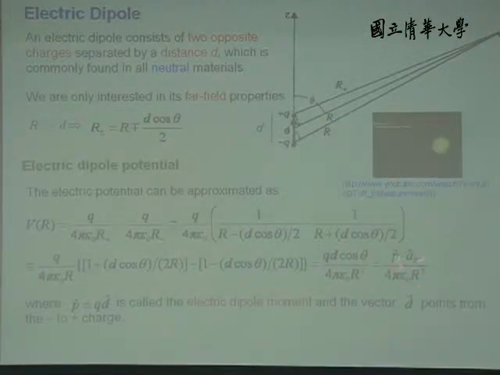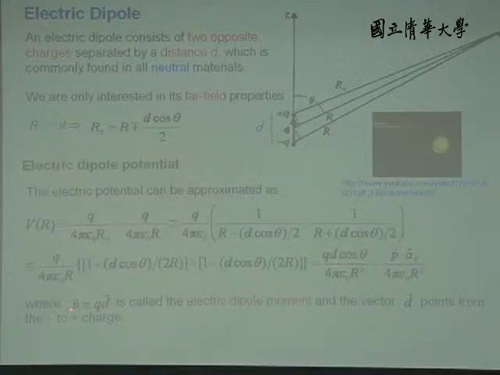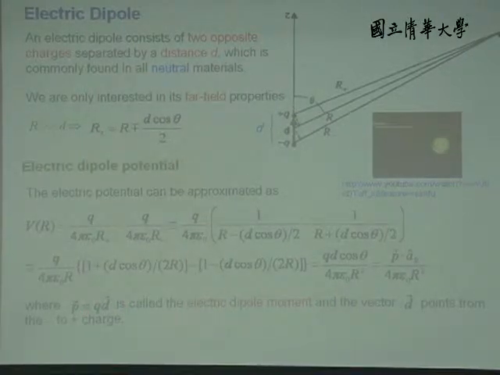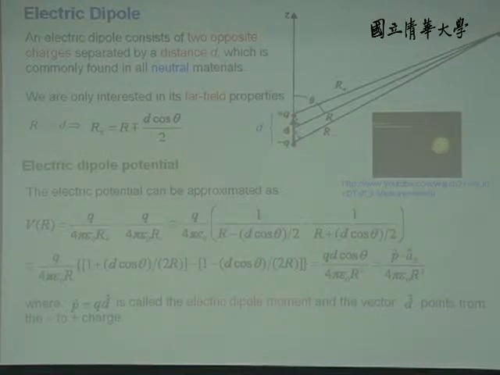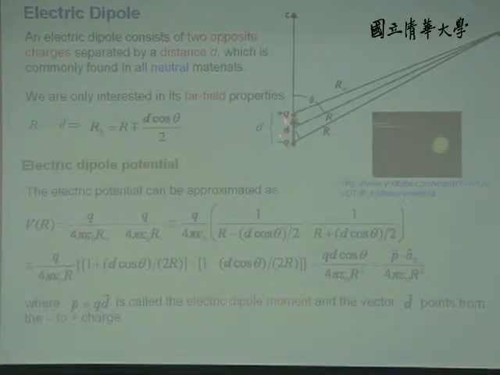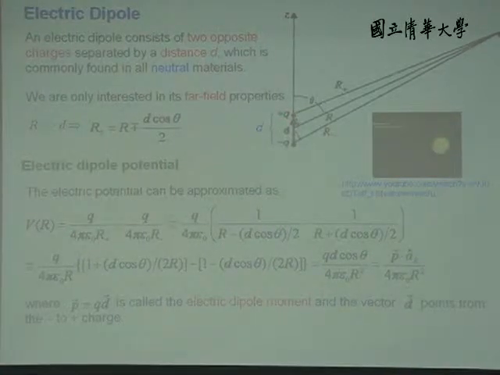And another thing is that we just define a new variable called the electric dipole moment. It's defined to be the charge multiplied with the separation of the charge. And there's a direction associated with this electric dipole moment. It's a vector, and the direction is defined from minus charge to the positive charge. And be careful that the definition of the direction is just opposite to the definition of electric field.